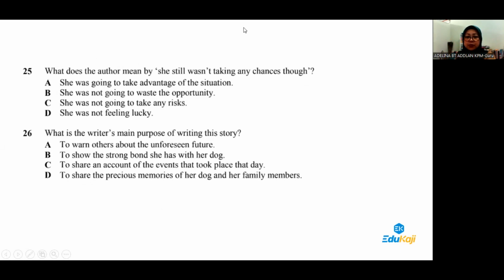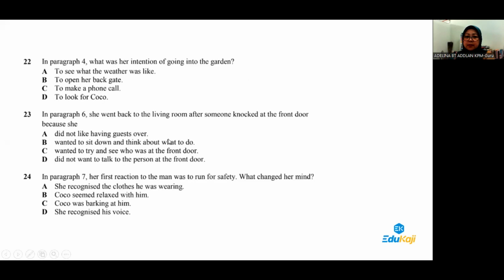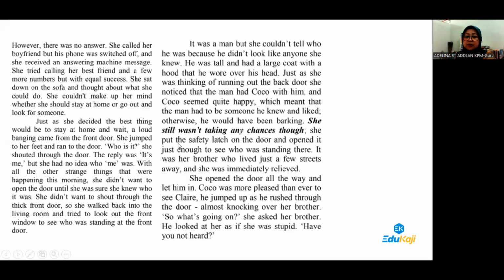When you go into question 25 and 26, see, we took the statement from paragraph 1. From this paragraph, she still wasn't taking any chances though.